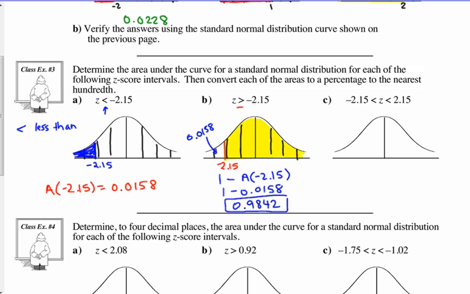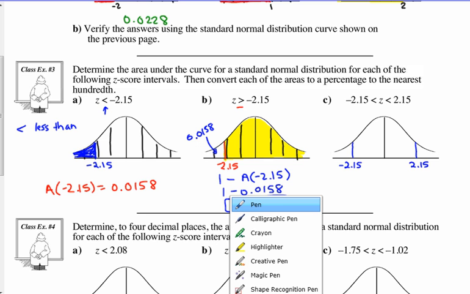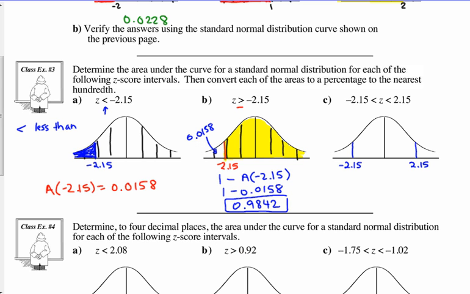How about between two values? So between negative 2.15, so let's do a quick rough sketch, negative 2.15 and 2.15. And we want the area in between. And remember, those areas on our sheet only give us the area to the left. So how could we get the area between two values?